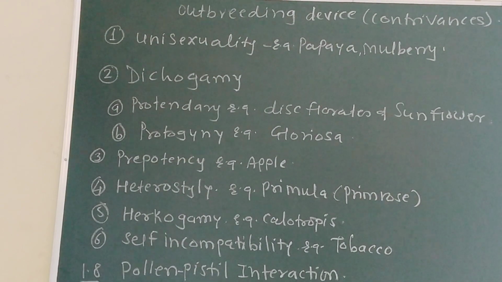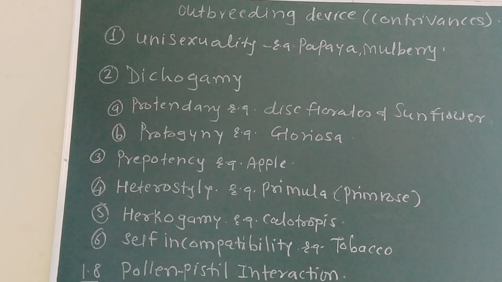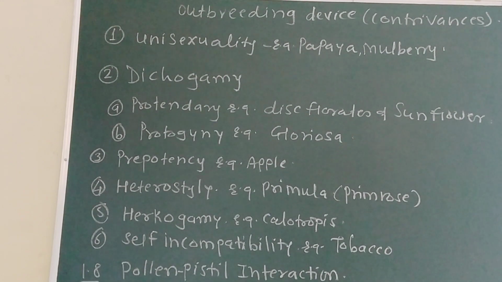When the androecium matures earlier than the gynoecium, it is called protandry. Example, disc florets of sunflower. Next, protogyny. When the gynoecium matures earlier than the androecium, it is called protogyny. Example, gloriosa.